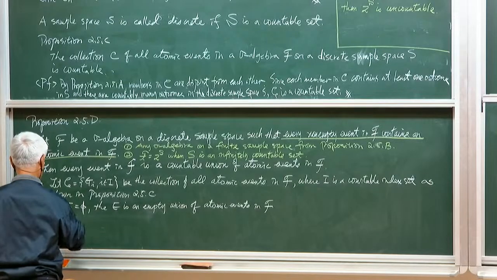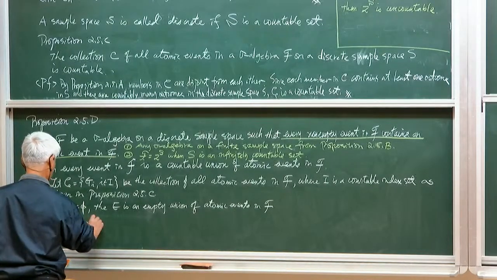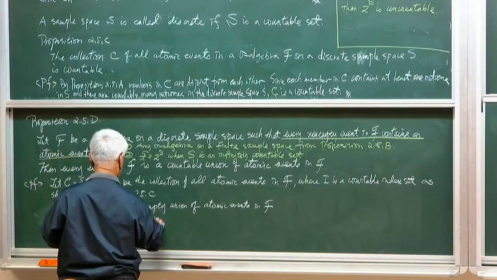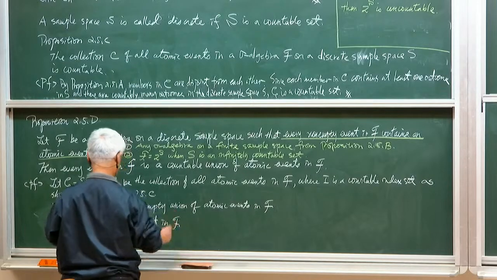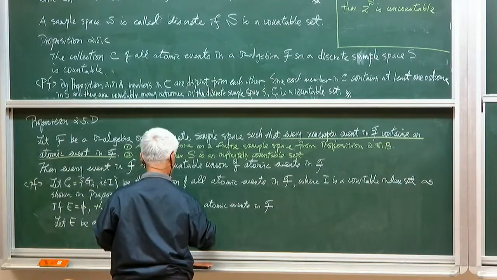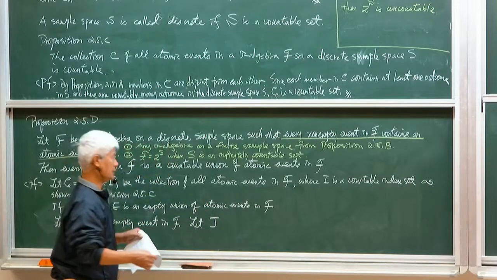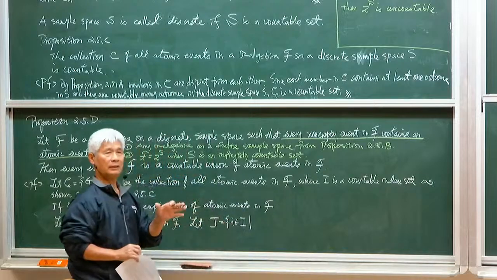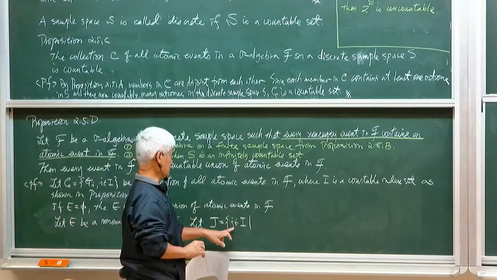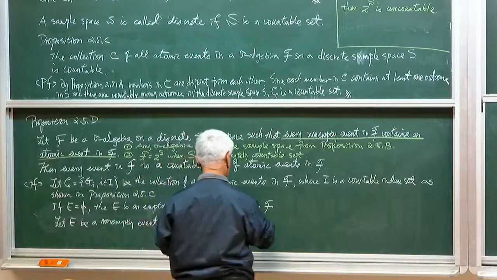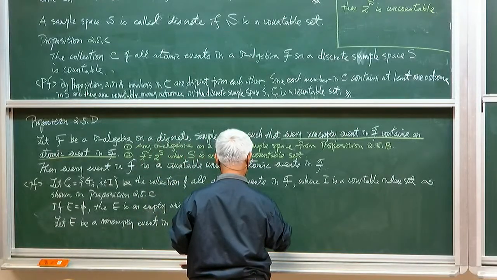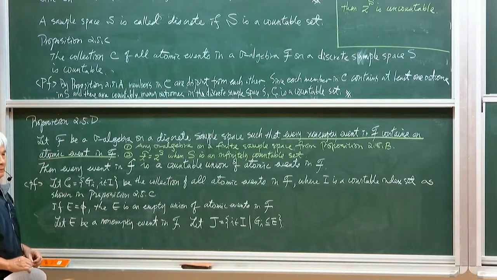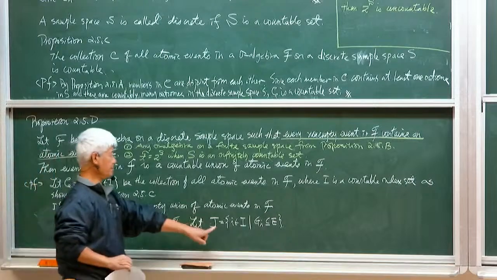Now we let E be a non-empty event in F, and we let J be an index set. J is the set consisting of all indices in the index set I such that G sub I is a subset of E. Any questions about the definition?